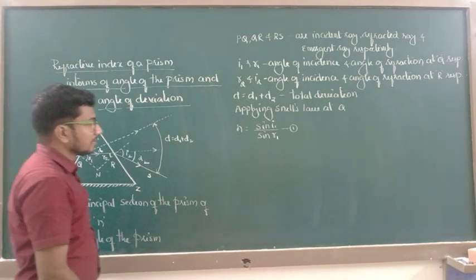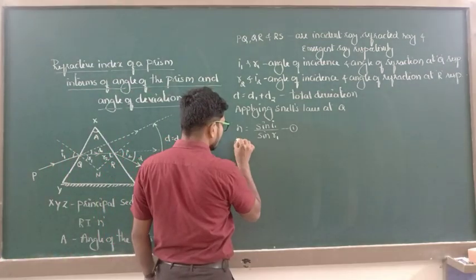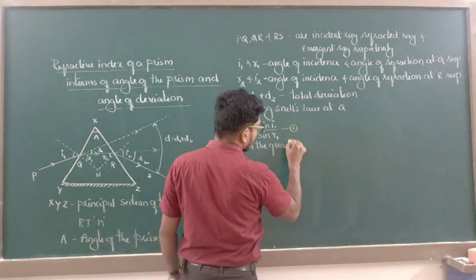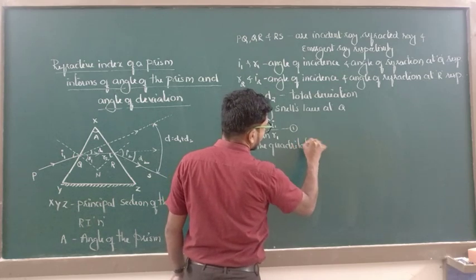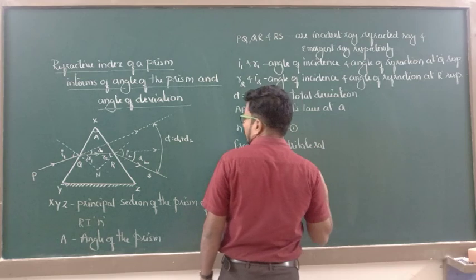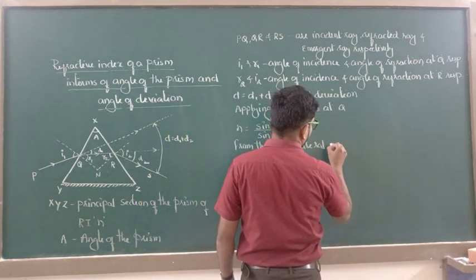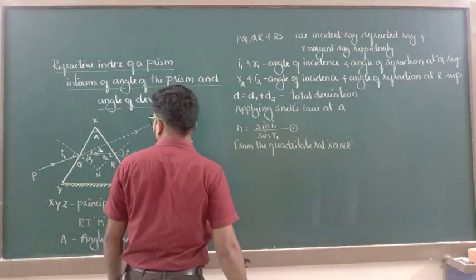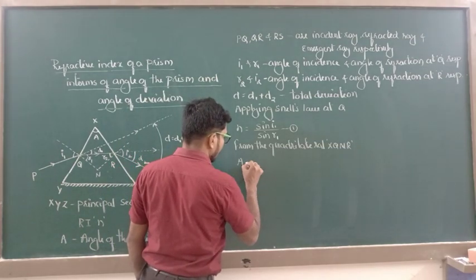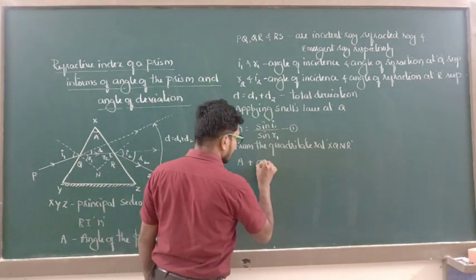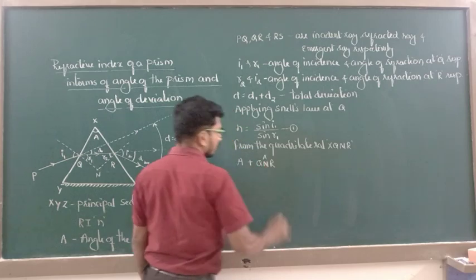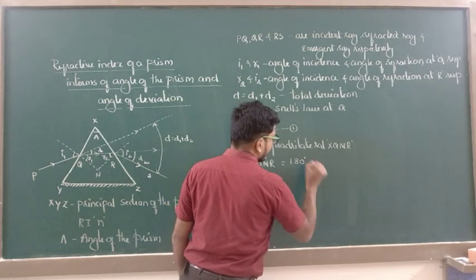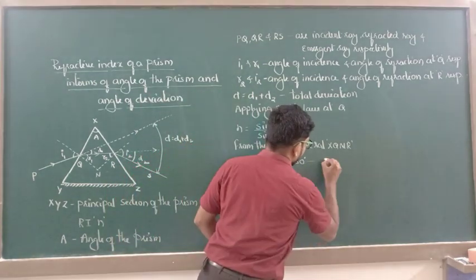From the quadrilateral XQNR, the sum of the opposite angles, angle A plus angle QNR, is equal to 180 degrees, equation number 2.